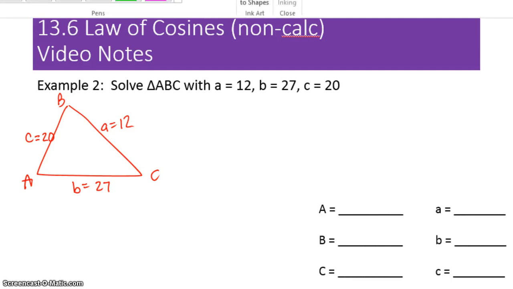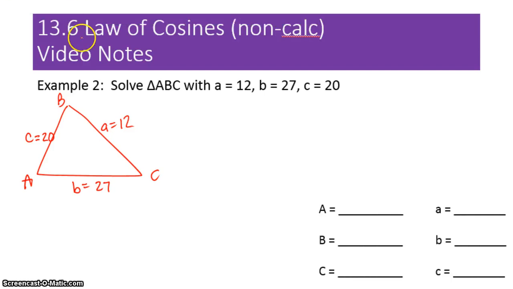So I'm going to go ahead and just pick one. And we're going to do a squared equals b squared plus c squared minus 2bc. Remember, that goes together, times cosine angle A. Okay, so I'm going to fill in the missing pieces, and I'm going to be missing angle A here.